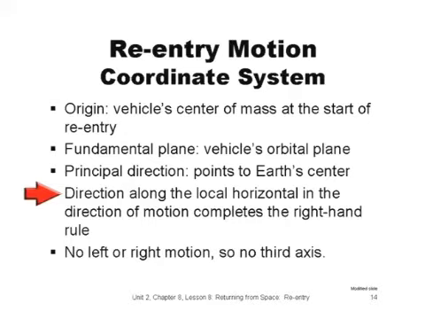The local horizontal is a line tangent to the orbit and perpendicular to the local vertical. The local vertical is a line from the vehicle's center of mass to Earth's center. Because the re-entry vehicle never travels very far left or right of its orbital plane, we don't use the third axis that would be perpendicular to the fundamental plane.